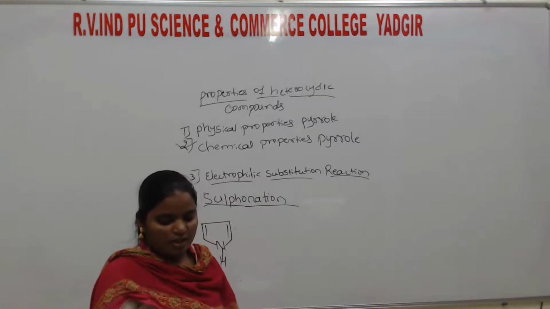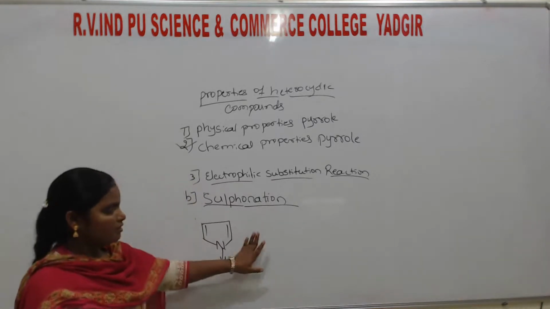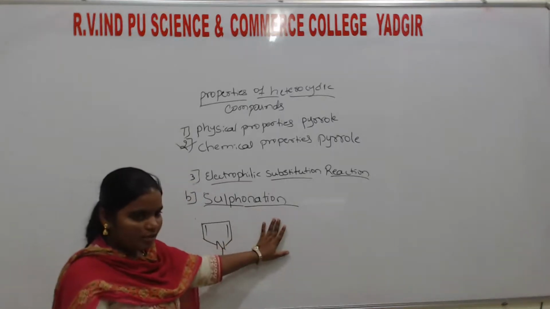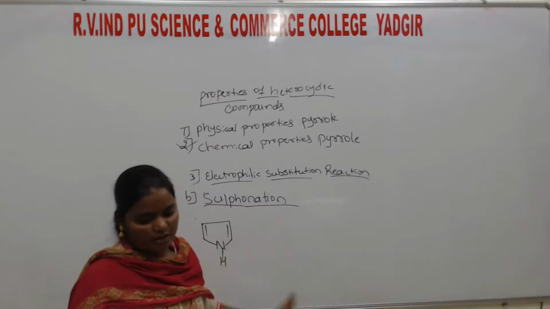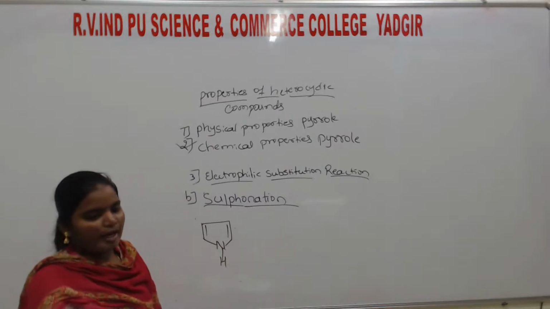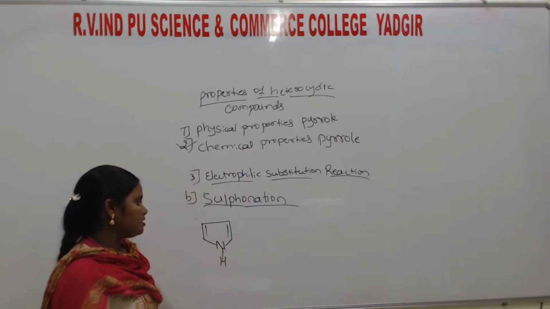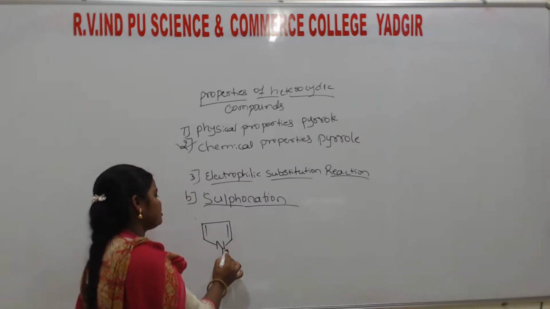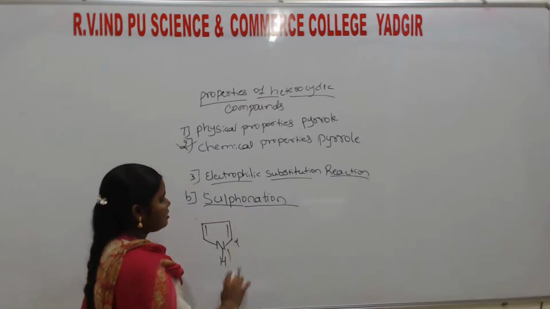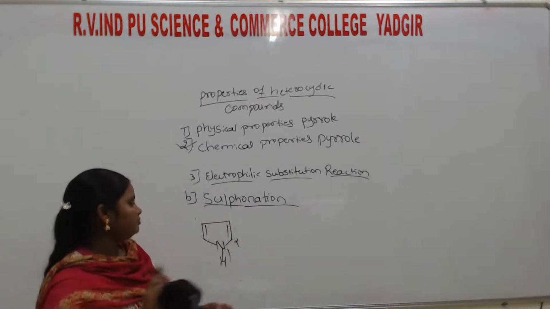I may also use another reagent. Sulfonation means using sulfur trioxide, and the product is pyrrole-2-sulfonic acid. The 2 means the second position; this is the first position and this is the second position.